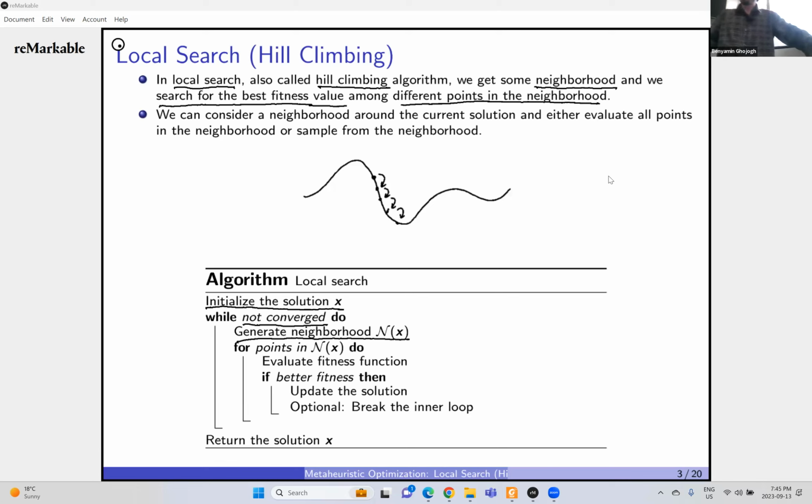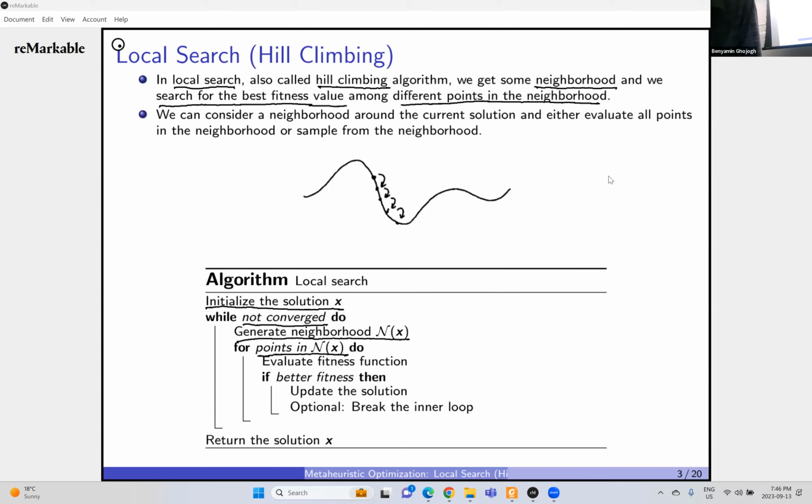Someone says, I want it to be a hypersphere around me. Someone said, I want it to be a hypercube around me. I think hypercube is easier for coding in a computer than hypersphere. For hypersphere, you need to take the radius, right? Doesn't matter. So you define the N of x and you search.